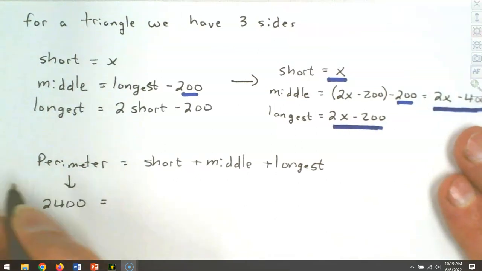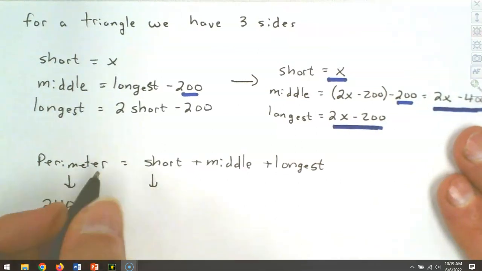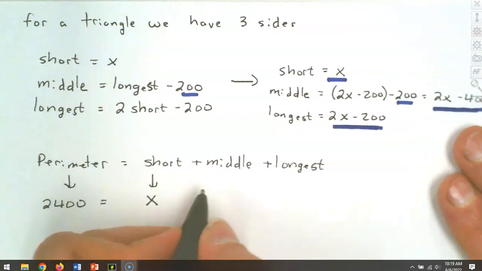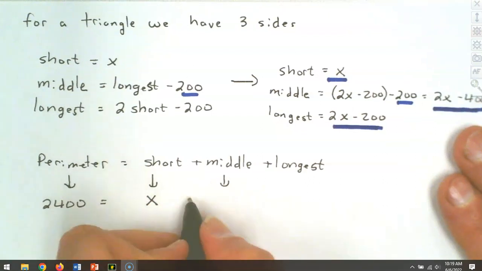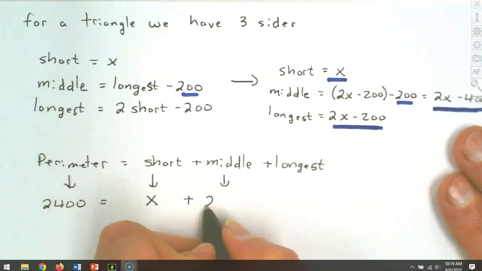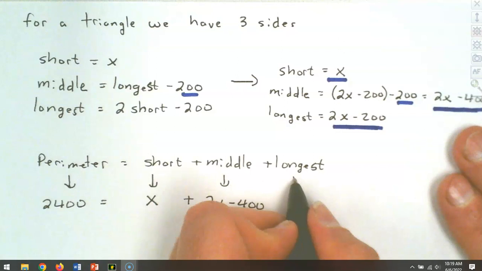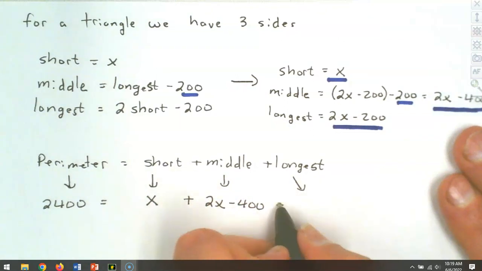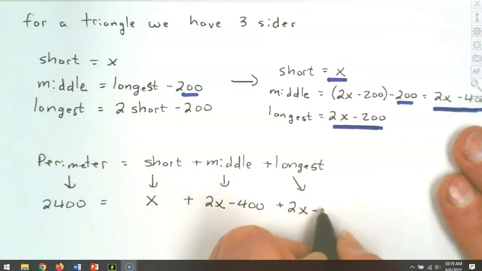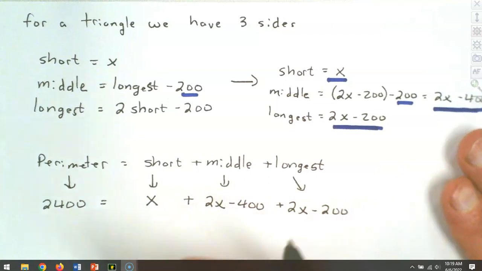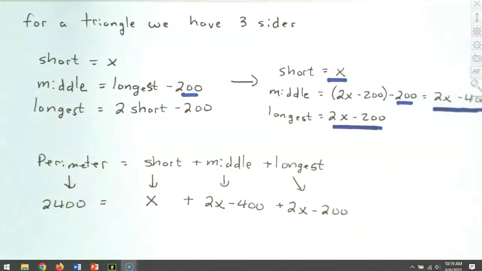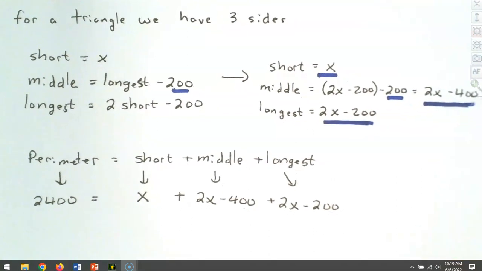Now we just replace. What do we replace the short side with? x. What do we replace the middle side with? 2x minus 400. And what about the longest side? That is 2x minus 200. So all the pieces are in place. We labeled them, and we filled them in.